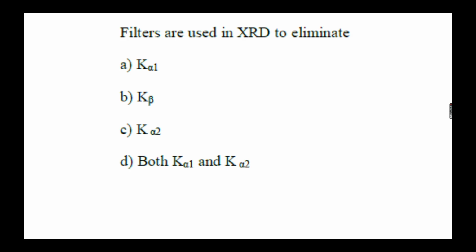I have just told you something about this, because of why we are using a filter. So let's give the answer for this: K alpha 1, K beta, K alpha 2, or both K alpha 1 and K alpha 2. So what will be the answer?